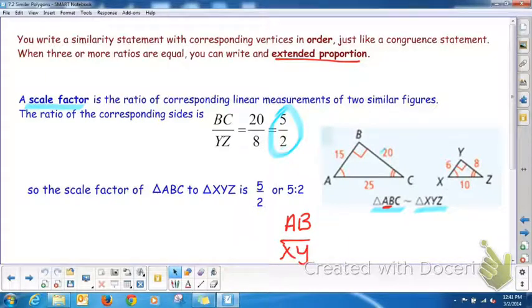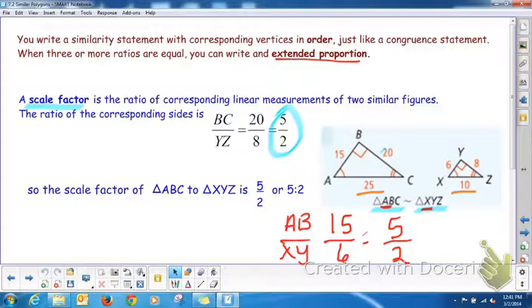Because AB are the first two letters and XY are the first two letters. 15 over 6. These can both be reduced by 3. 3 goes into 15 5 times. 3 goes into 6 twice. 5 to 2.